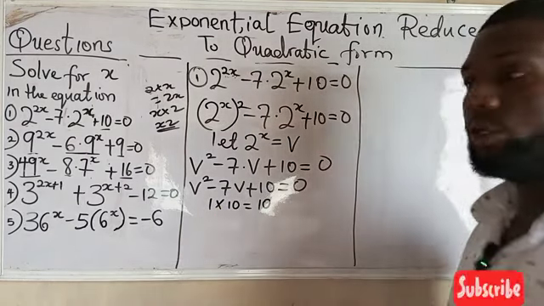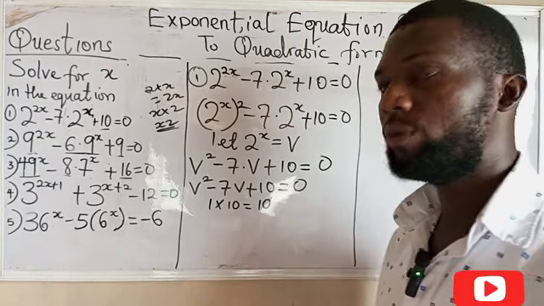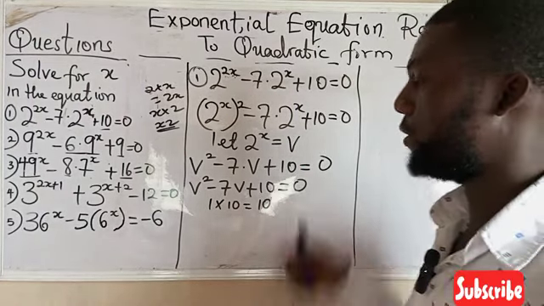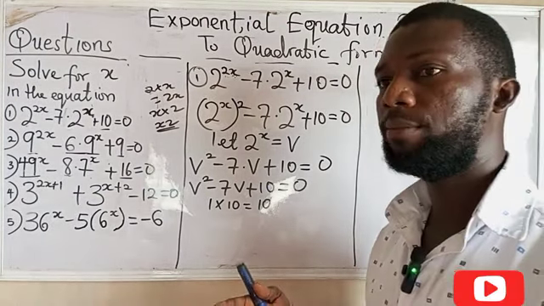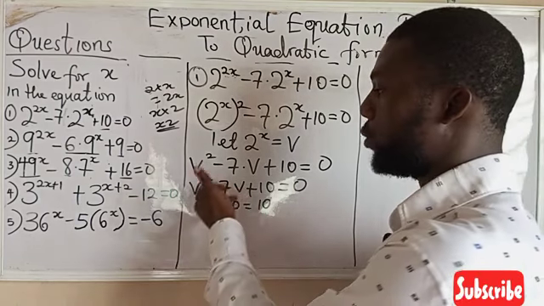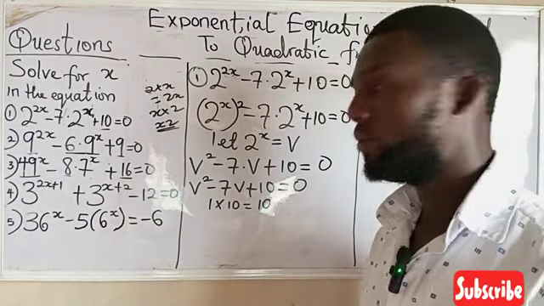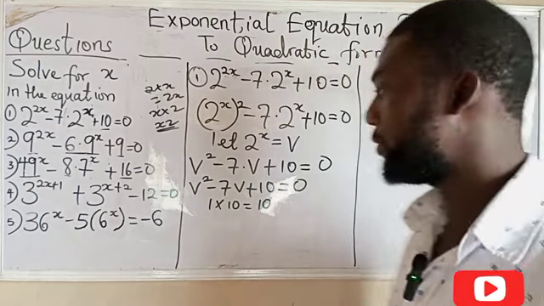Then the next thing we are going to do is look for two numbers. When you multiply them, it gives us 10, and when you add them, or subtract in this case, it gives us minus 7. The first thing we are going to do is list out the factors of 10.